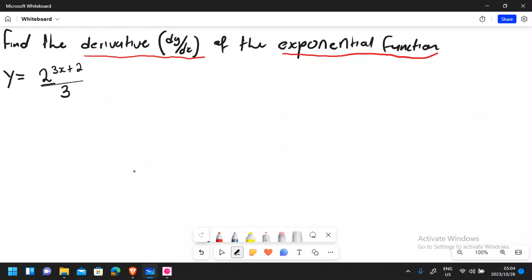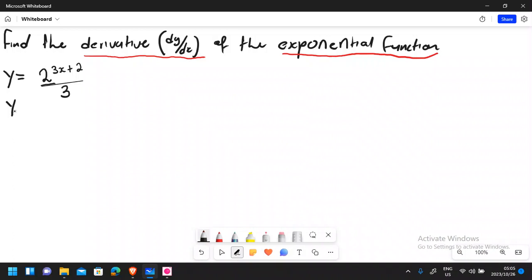So, guys, as you can see there, now we have this expression. Let's look at our numerator there. We have 2 to the power of (3x plus 2) over 3. Now here you can simplify this. If you don't want to get confused, you can say the following before you use the formula.